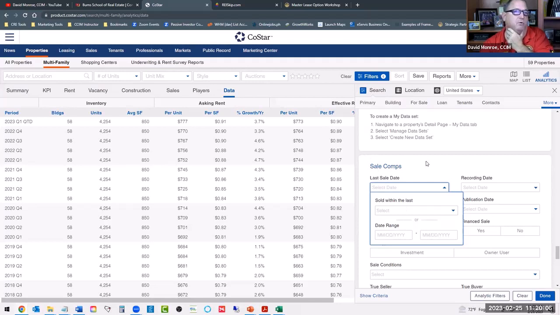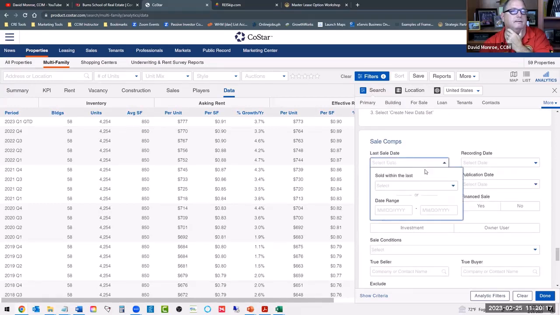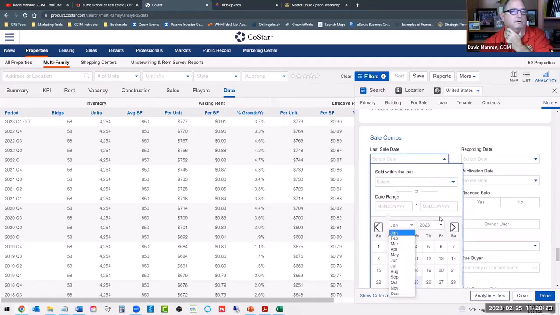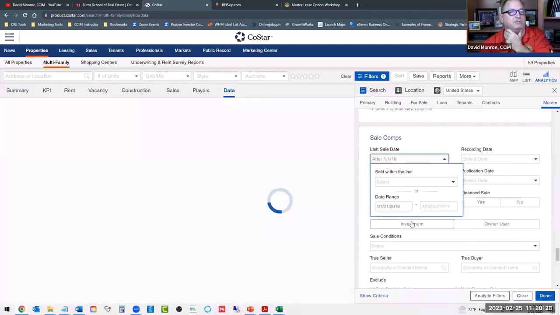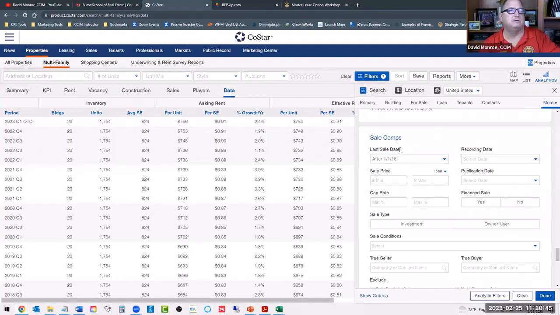You're really just looking for properties that fell prior to, let's say, January 1st, 2018. I'm in Wichita Falls, so it's a small market anyway, but 20 properties. That means it was 58 properties prior to that. So 20 out of 58 properties have traded hands since 2018.